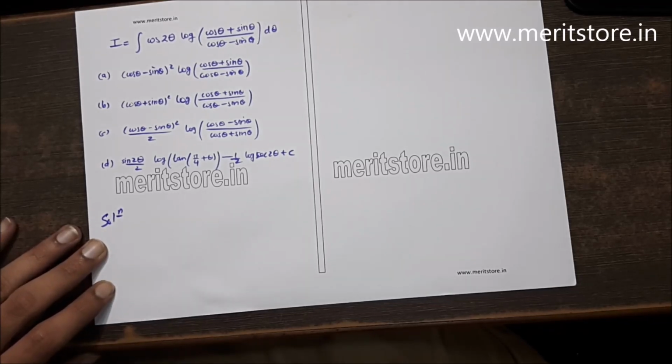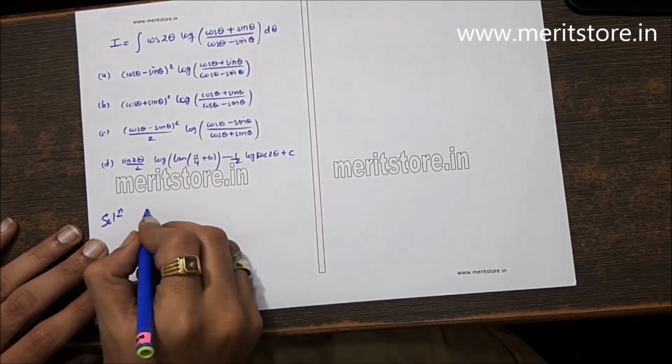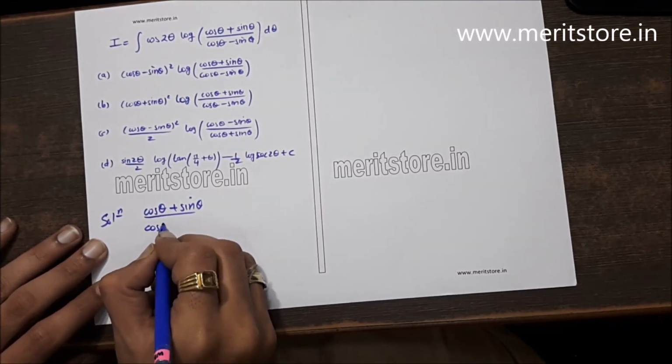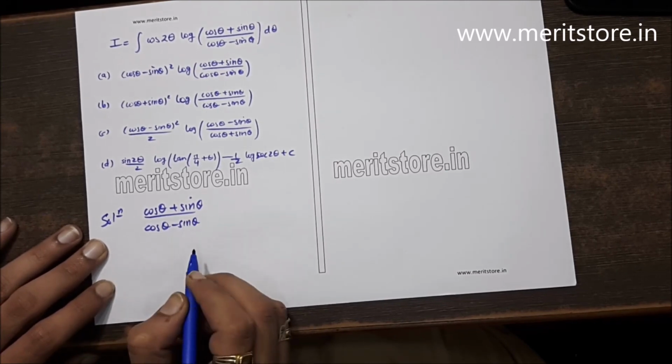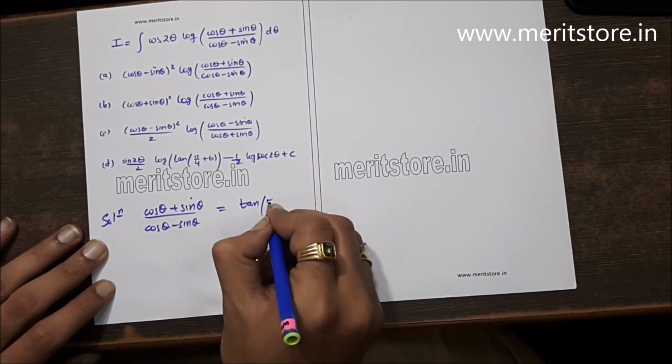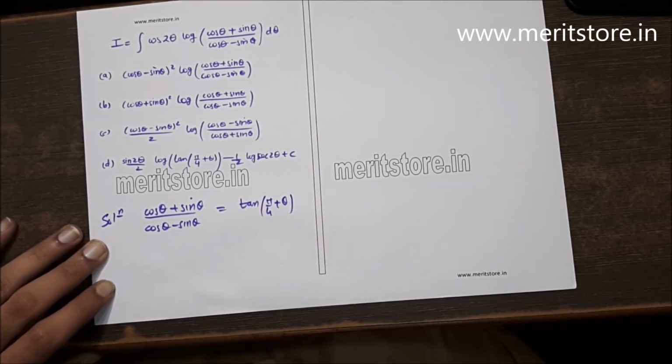At the very first step, we would just concentrate on (cos theta plus sin theta) upon (cos theta minus sin theta), which we know is nothing but the expansion of tan (pi by 4 plus theta).